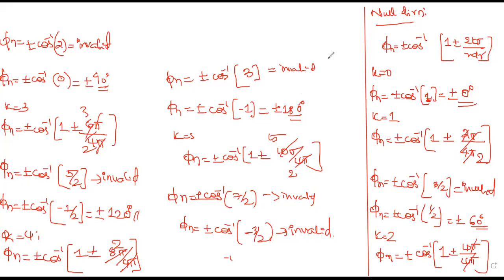Next, you are going to do the first null beamwidth. So consider first null beamwidth. The formula you know: phi naught is equal to 2 cos inverse of 1 plus or minus 2 pi by NDR. Substitute it.